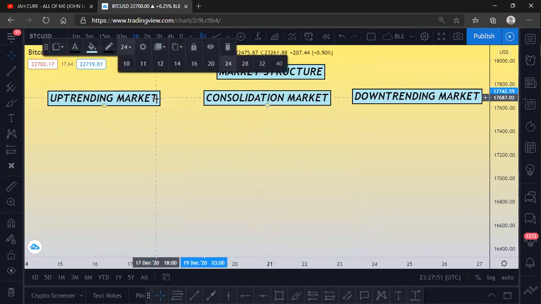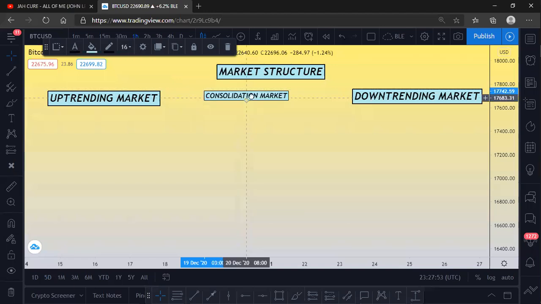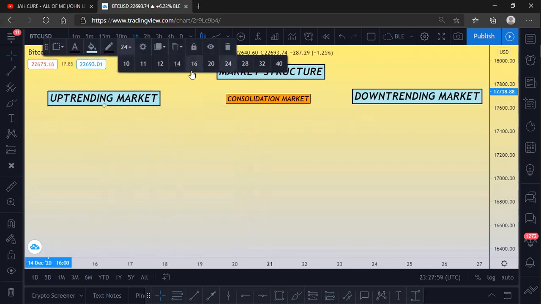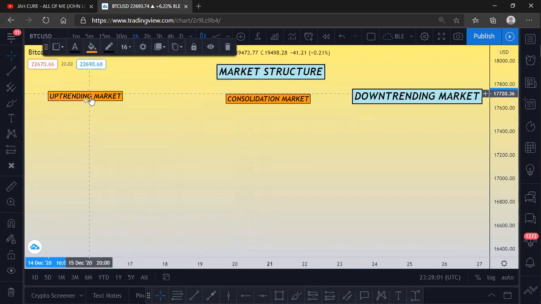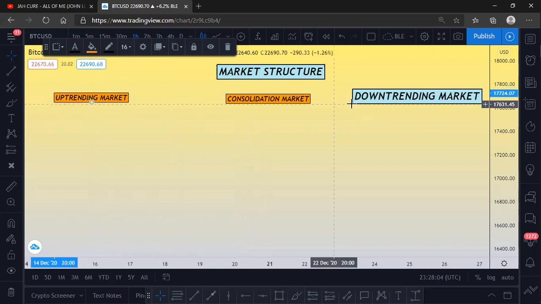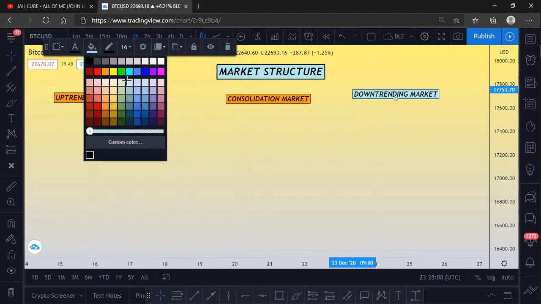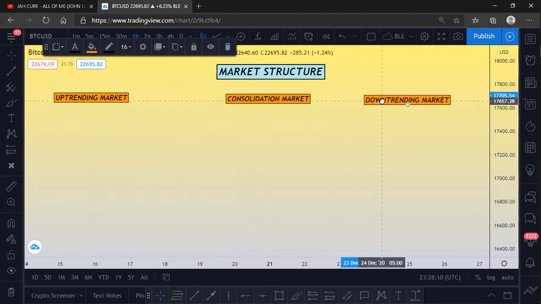Let me make this so small. Can you see this? You can see it, right? Yes, I can. All right. I want to make it look fine. So we have the uptrending, we have the consolidation, and then we have the downtrending market.